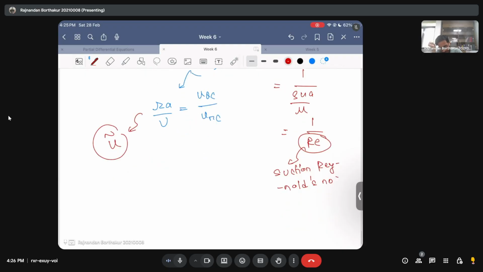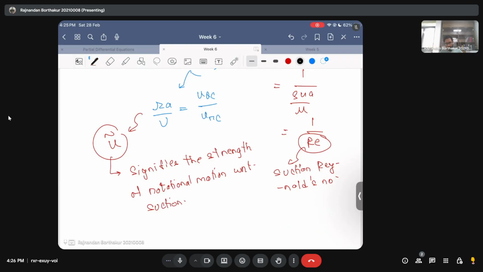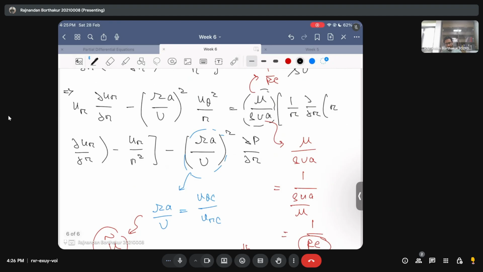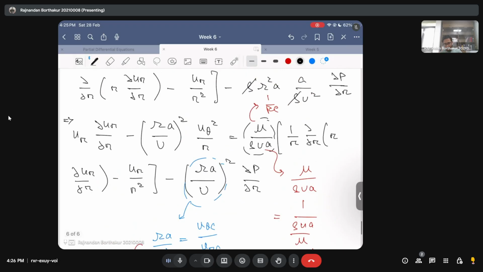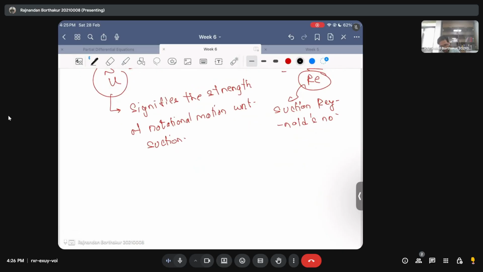Okay, so as I said, U tilde signifies the strength of rotational motion with respect to the suction. So it is kind of a non-dimensional number which signifies how strong your rotational motion is with respect to suction.